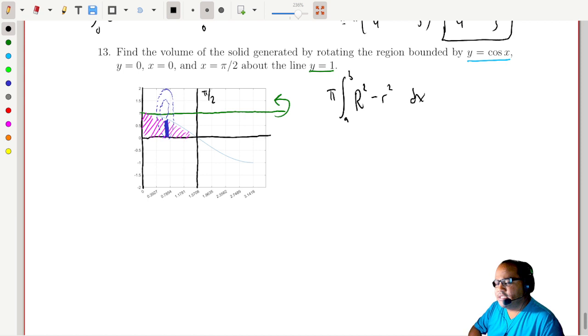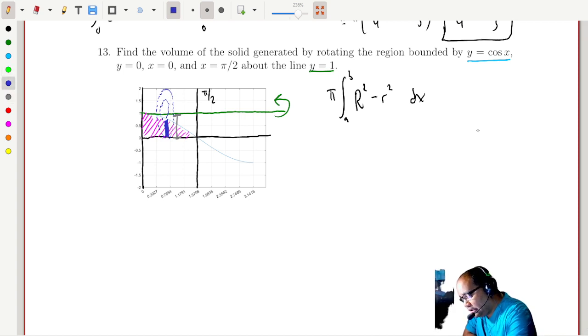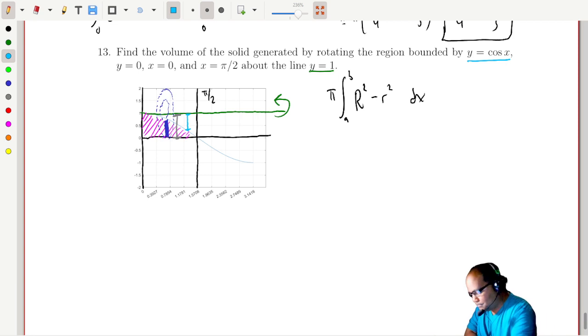Well, the outer radius here, let's do color here. This outer radius is always 1, but the inner radius is the distance between the axis of rotation and the curve itself. So that's going to be the inside radius, the one in blue, and the outside radius is in gray.